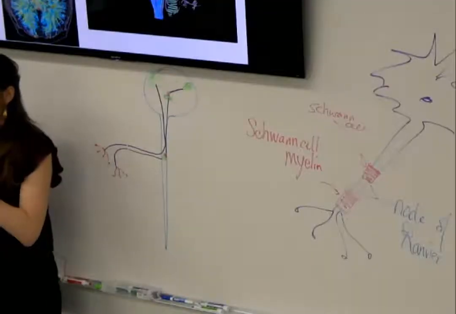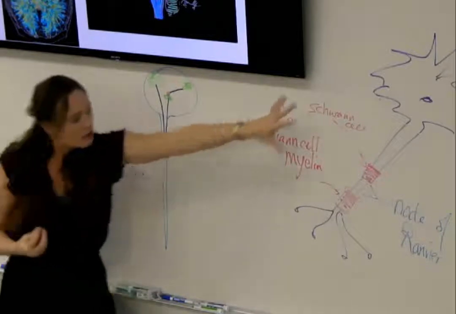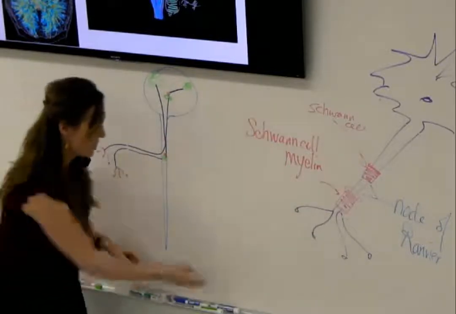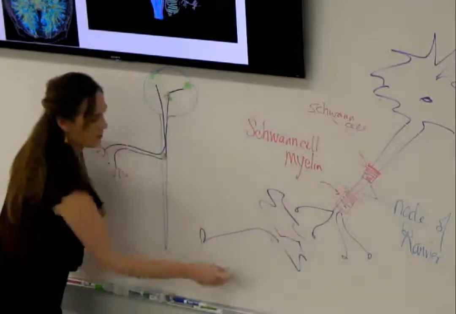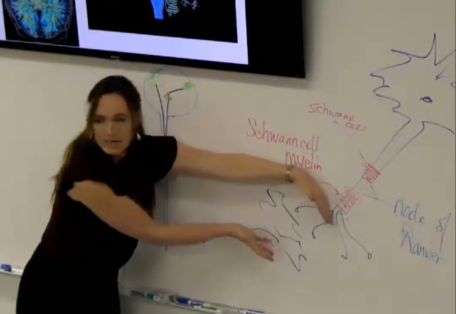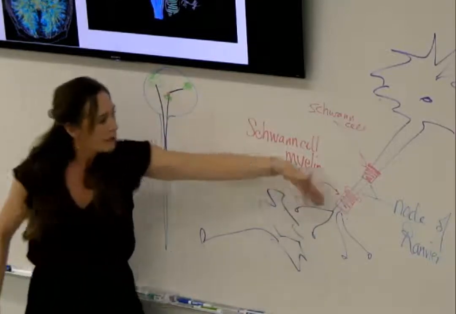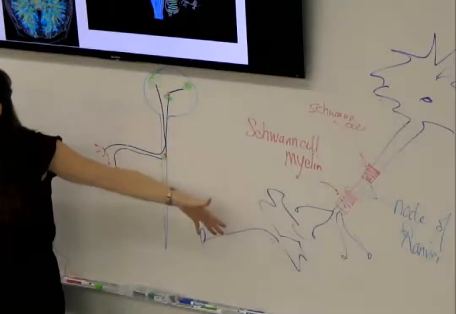So white matter is the wiring. The gray matter is where you have the end of one neuron and the start, say the dendrites, of a second neuron going off. So gray matter is this synapse connection. The white matter is going to be the axons itself, the wires.